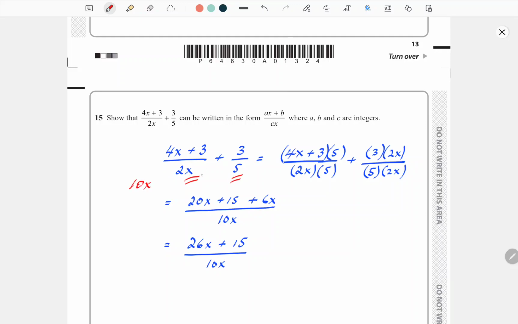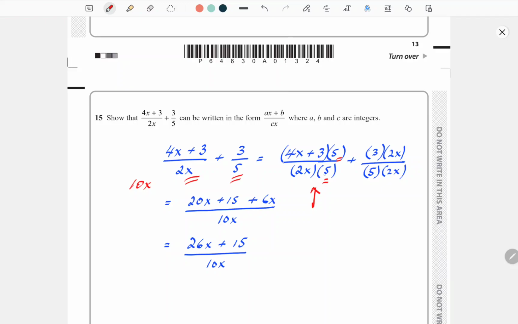Whatever you have to do to turn the 2x into 10x, you do the same to the 4x plus 3. So if you look at this one here, you've got the 2x times 5, and multiply the top by 5 as well. Always multiply top and bottom by the same number, and that way the fraction isn't actually changing. Looks different, but the value remains the same.